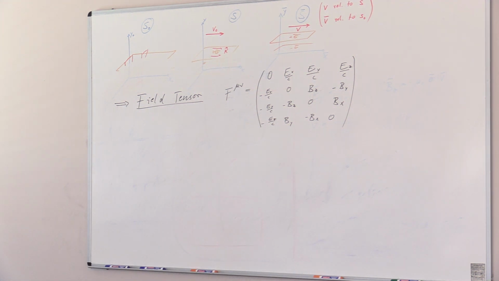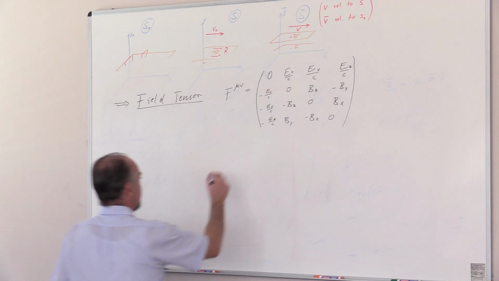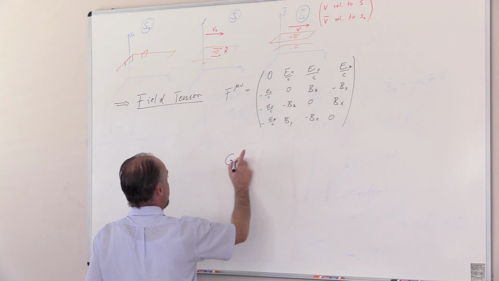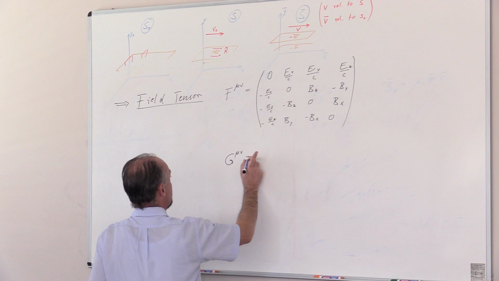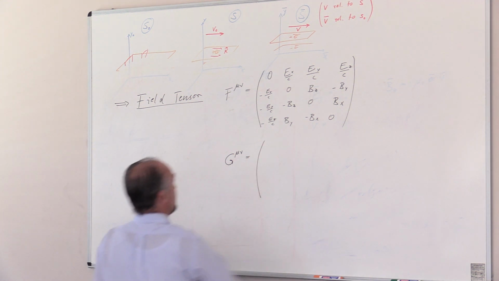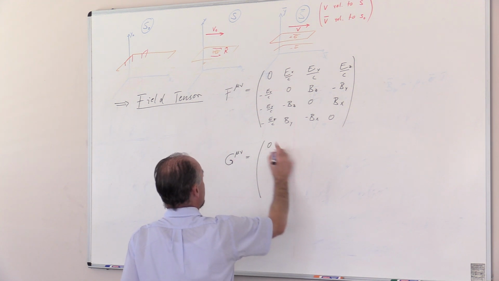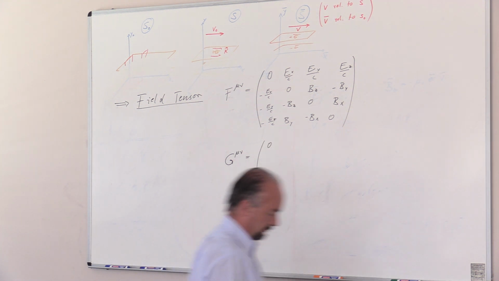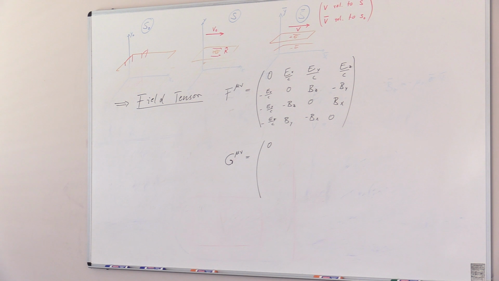So now with our Lorentz transformations, we get the field transformations as we've derived them. There's another tensor that's called G mu nu, for which it works in exactly the same way. So remember we said, for example, for the 0, 1, we could choose either Ex or Bx.